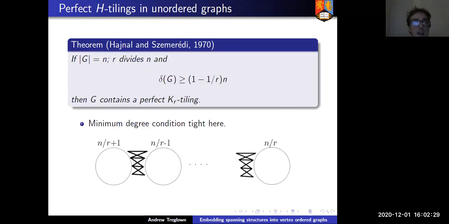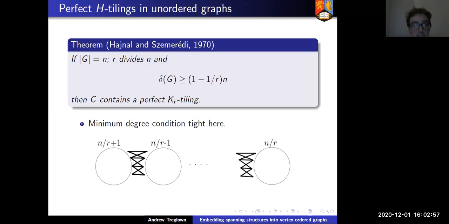If you've got an n-vertex graph where r divides n, and your minimum degree is at least (1 - 1/r)n, then you do have a perfect K_r-tiling, a tiling with cliques of size r. Crucially, this minimum degree condition is tight. Even subtracting 1 from the minimum degree condition would make it false.